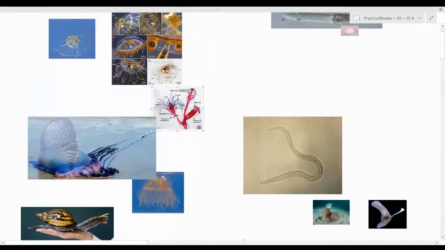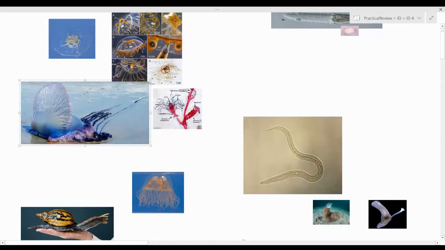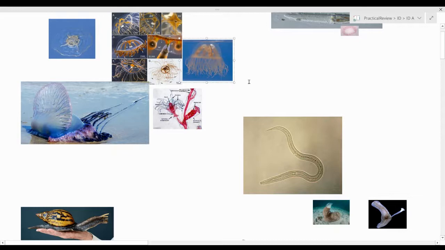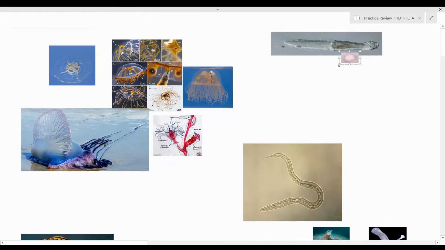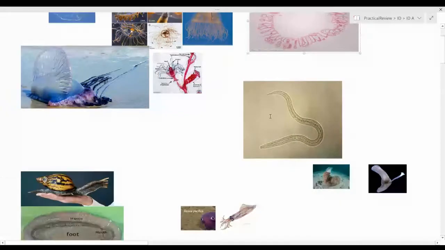I'm clearly going to have some sorting to do in here, but first for the major groups. I know where this goes.